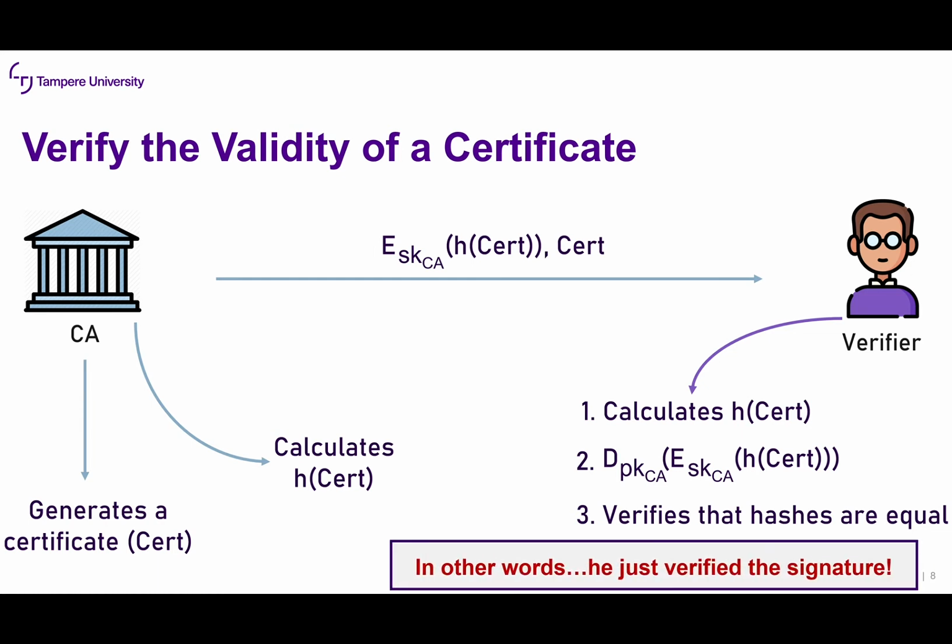In other words, what the verifier just did is verify the signature on the certificate, right? And that's what we usually do with certificates. So we get the certificates and we verify their validity by checking the signature on the certificate and all of the rest of the data contained in it.